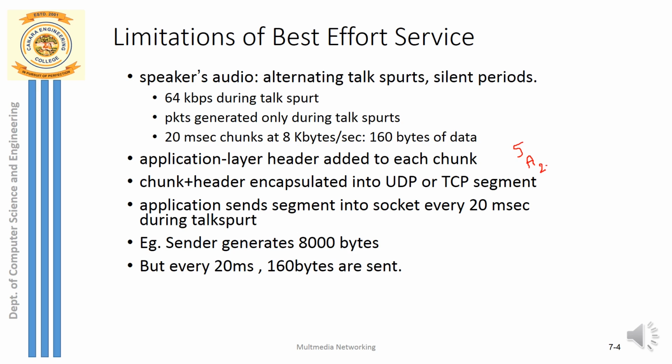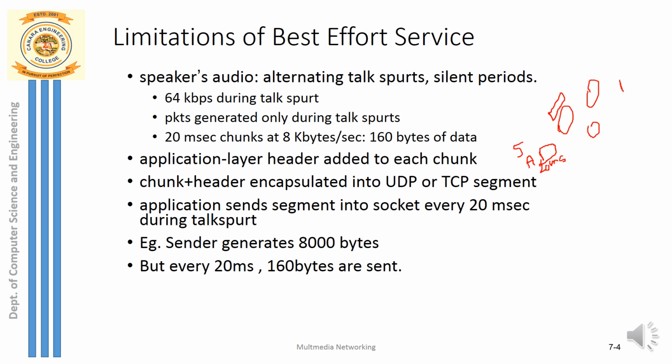For every 1 second the audio is generated, but the generated audio is sent every 20 milliseconds in the form of a datagram, and that datagram contains only 160 bytes of data. And once that datagram is sent, you already know that there are n number of routers in the network, and at each such router you may experience queuing delay, because there may be n number of other senders sending chunks there, right?